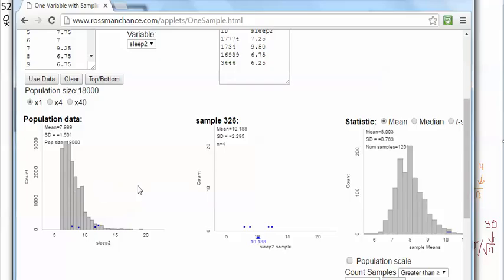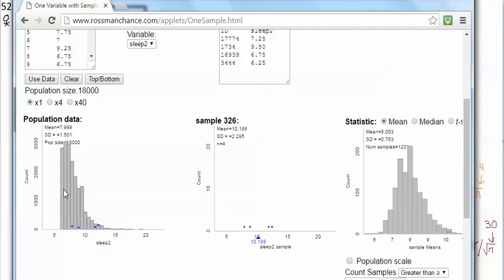If you're taking a small sample size of less than 30, the sampling distribution is skewed, just like the population is. It follows the shape of the population. But if you're taking a sample of 30 or larger, the sampling distribution will be roughly normal, even though the population is skewed.